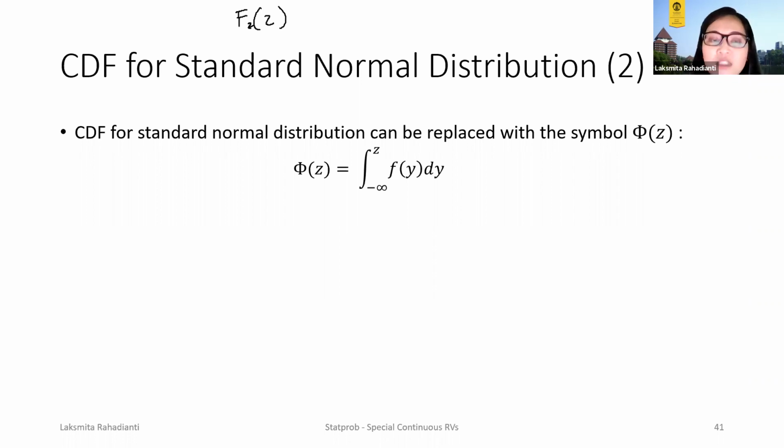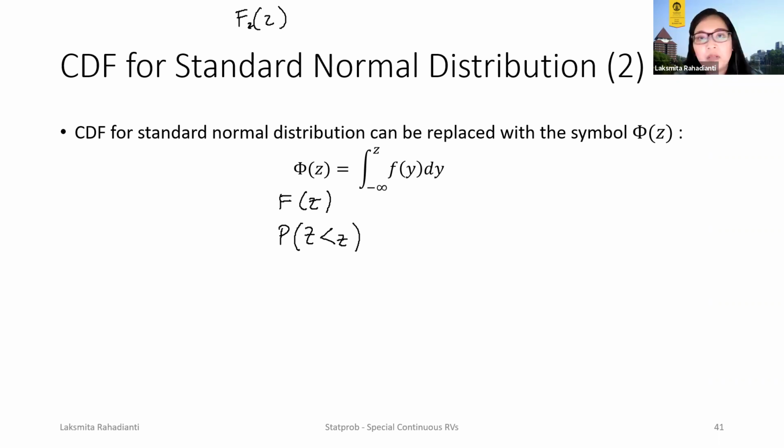But especially for the standard normal distribution, this is replaced with the simple phi. Don't mess that up again. So phi(z) basically is the CDF of z, aka the probability that Z is less than or equal to z.